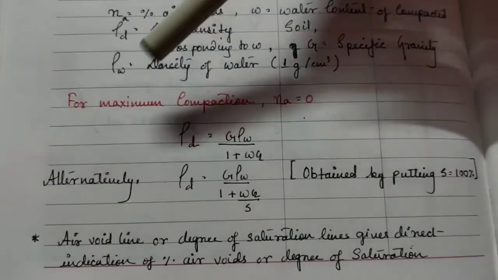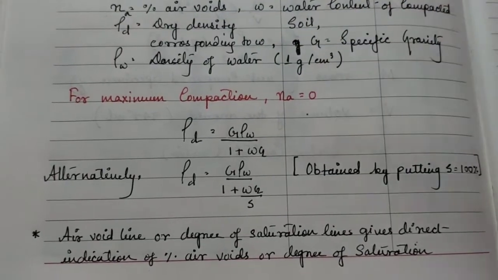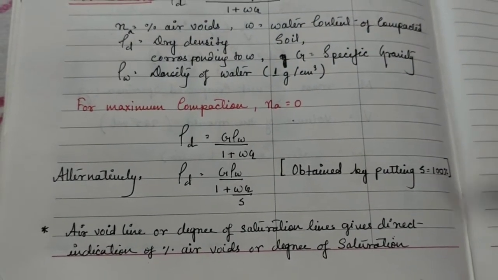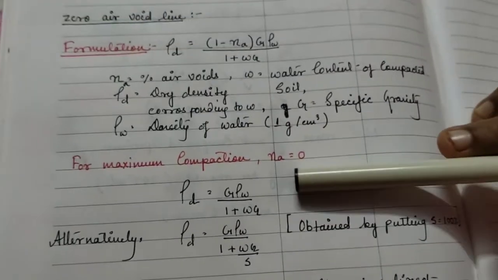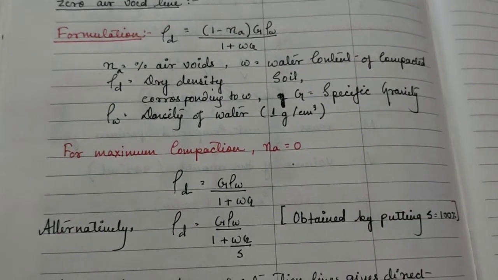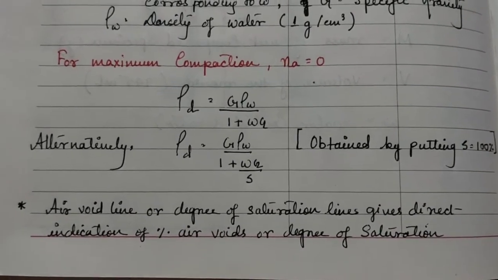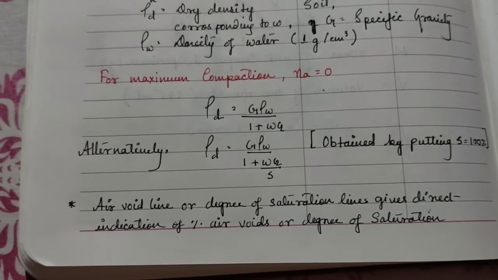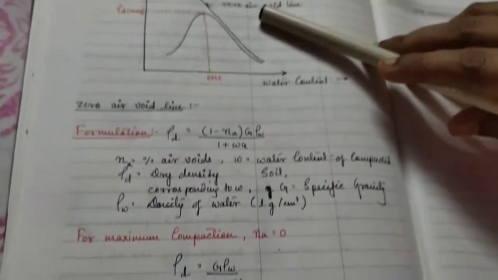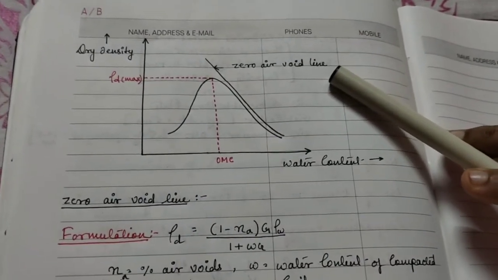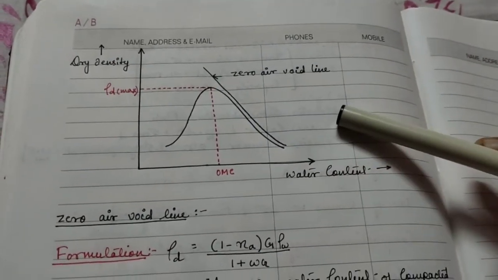Whenever maximum compaction is achieved, the air void percent will be 0, and putting na as 0 here, we get the corresponding dry density as G rho w divided by (1 plus wG). So this line shows the dry density as a function of water content for soil containing no air void. Hence, since no air is present here, this line is known as the zero air void line.